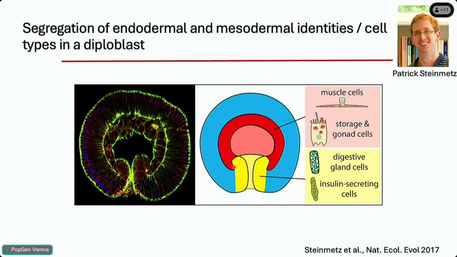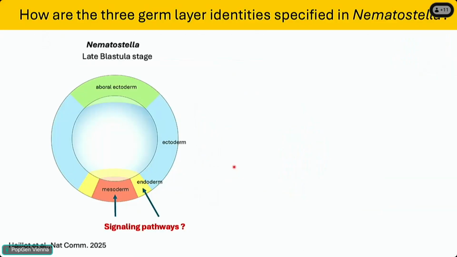Okay, so this suggested that there is a topology of 3 different germ layer identities, which I consider now homologous to the 3 germ layers of bilaterians.